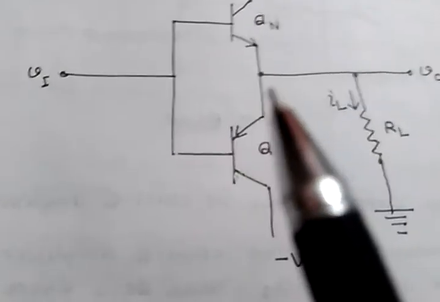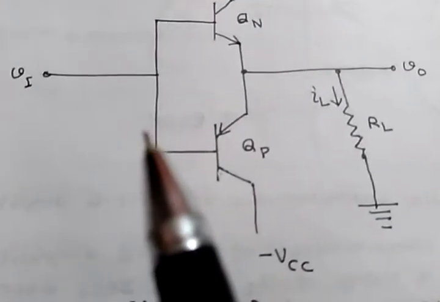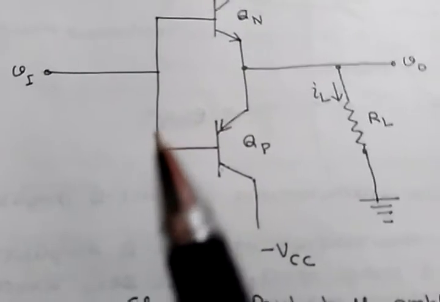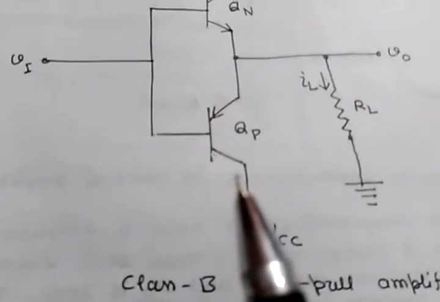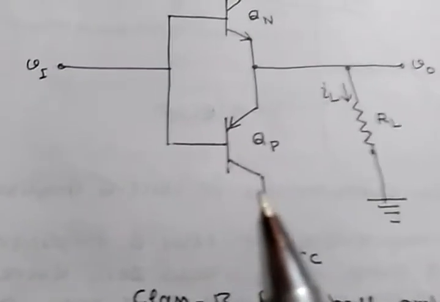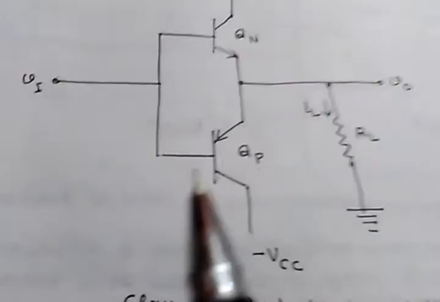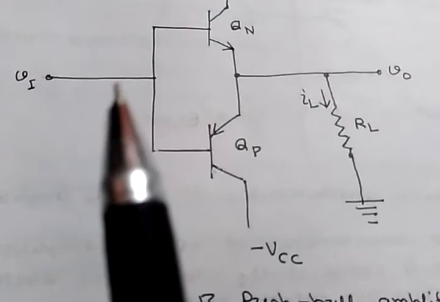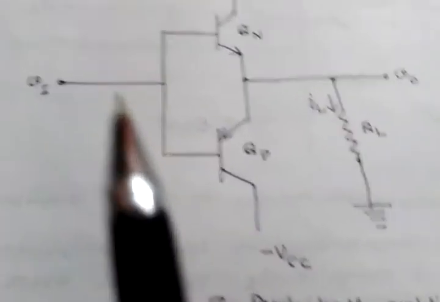So the emitter base junction of QP will be reverse biased because the N region is at a higher voltage level than the P region. In the collector base junction, the collector made by P region is at minus VCC level and the base made by N region is at a positive level greater than 0.5 volt.